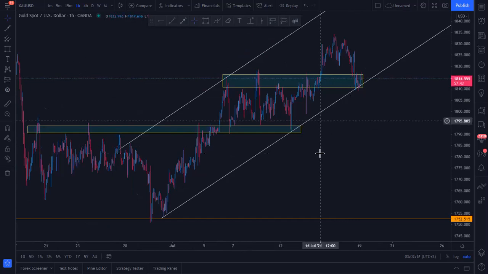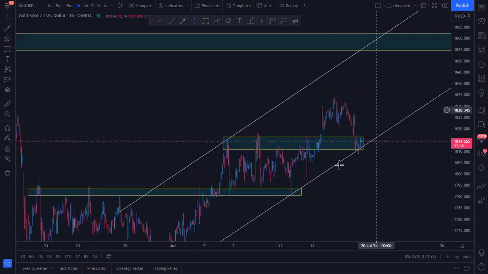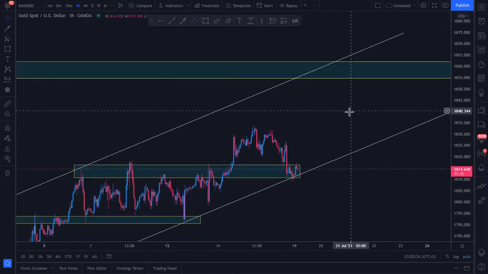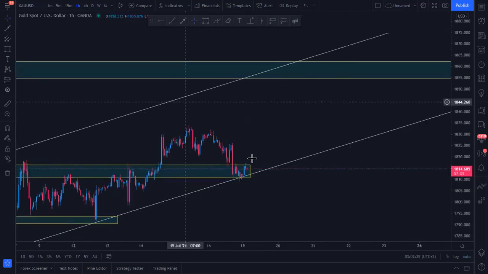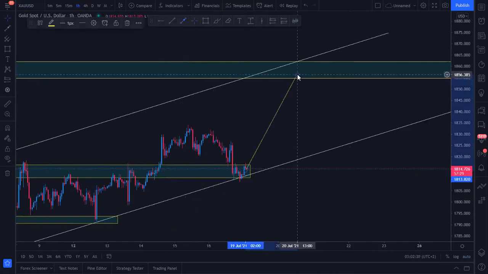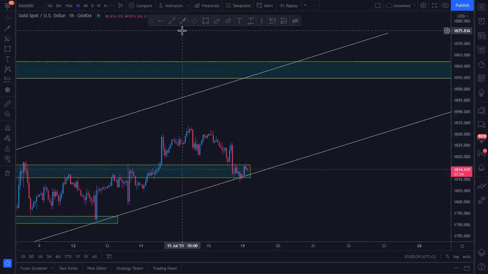Now, what I'm going to do, I'm seeing this happening, and the simple way of trading it is to see the price buying.